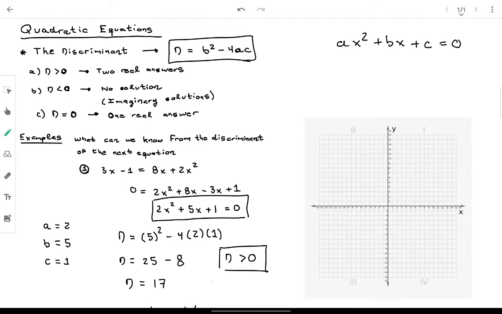Remember, if it means we have two real solutions, it will mean it crosses the x-axis 2 times. And because the letter c has a value of 1, it will tell us specifically where it crosses the y-axis.